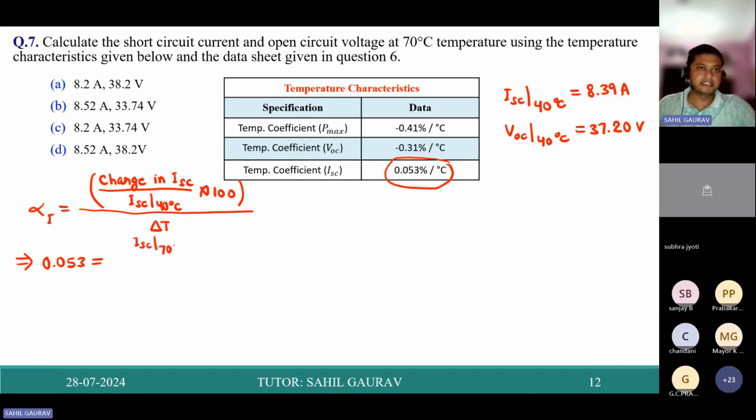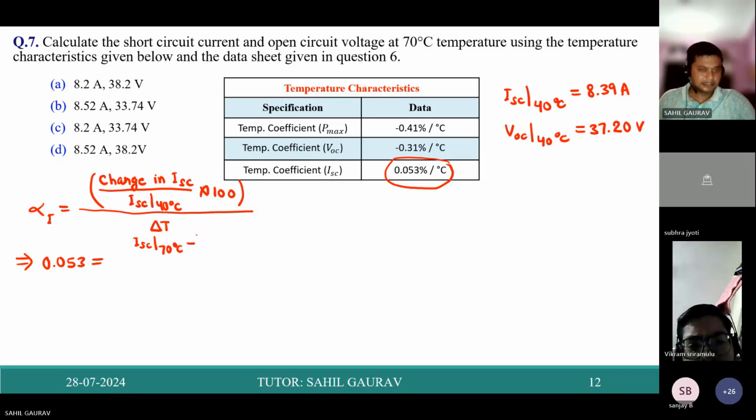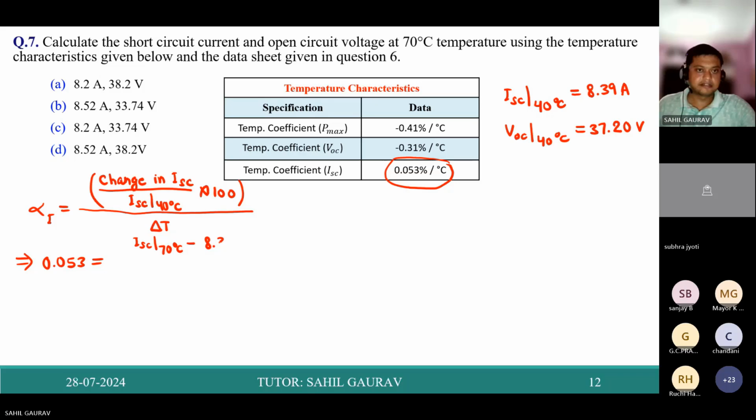We have to find the short circuit current at 70 degrees Celsius minus ISC at 40 degrees Celsius, upon 8.39, into 100, and delta T will be 70 degrees minus 40 degrees, so it will come as 30.